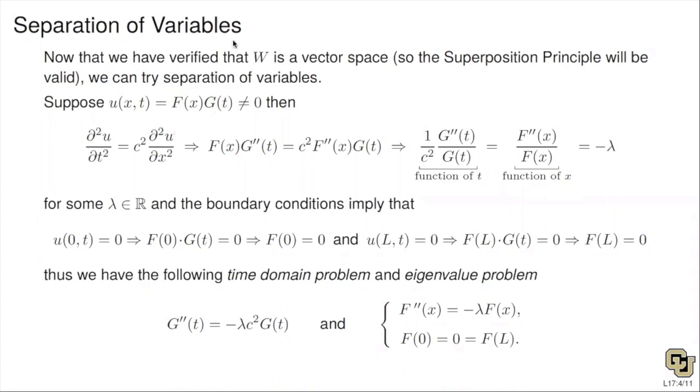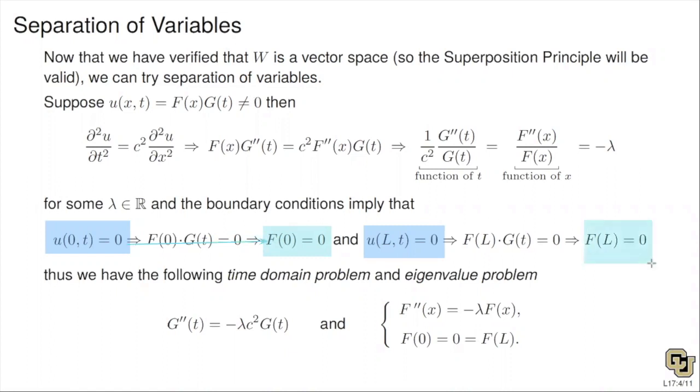And so the boundary conditions, we have these homogeneous boundary conditions that we can translate into a boundary condition on capital F here. So this boundary condition translates to a boundary condition on F, and then we have this other boundary condition here.